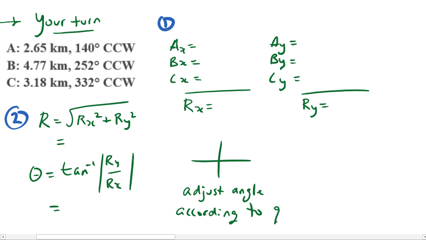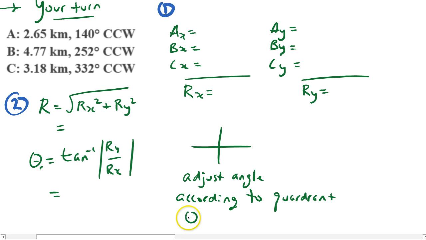Messy writing, I know. You can think of this as your reference angle, and this part is to figure out what your actual theta is going to be. That would be part 3, if I'm keeping a numbering system, and part 4 would be to state your answer.